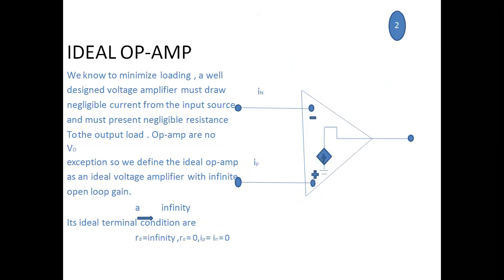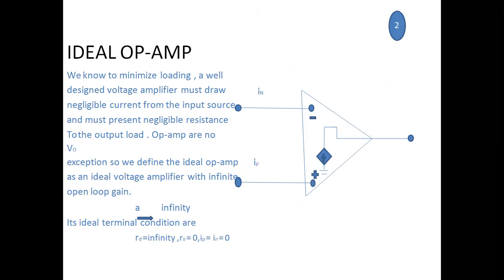Now we can see the ideal op-amp. We are using the op-amp to increase the amplification, which means to increase the value of voltage. We know that to minimize the loading, a well designed voltage amplifier must draw negligible current from the input source, and there will be negligible resistance at the output load.